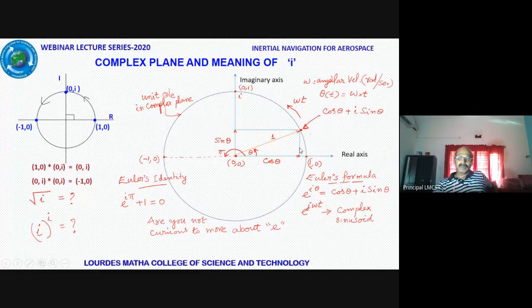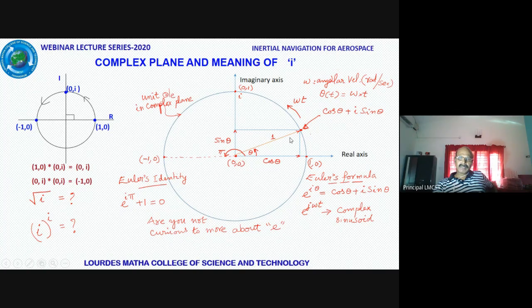So now assume that my point is moving along the circle in the counterclockwise direction with an angular velocity omega radians per second. That means at time t, I would have covered an angle omega into t, that is theta of t is omega into t.